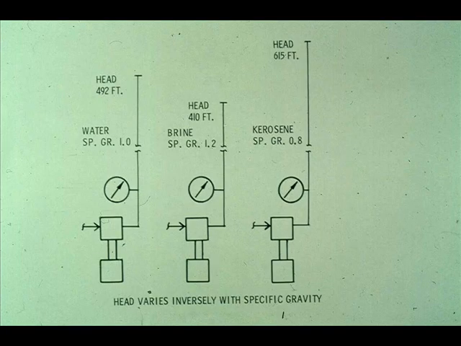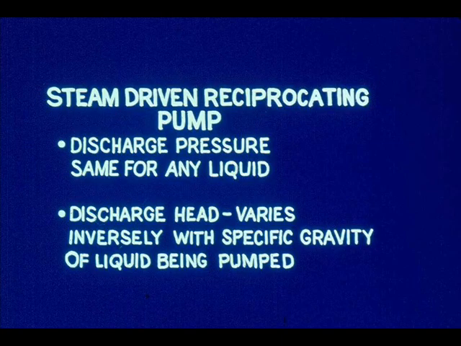The discharge head for this pump would be 492 feet when pumping water, 410 feet when pumping brine, and 615 feet when pumping kerosene. The discharge pressure is the same for any liquid, but discharge head varies inversely with the specific gravity of the liquid being pumped.